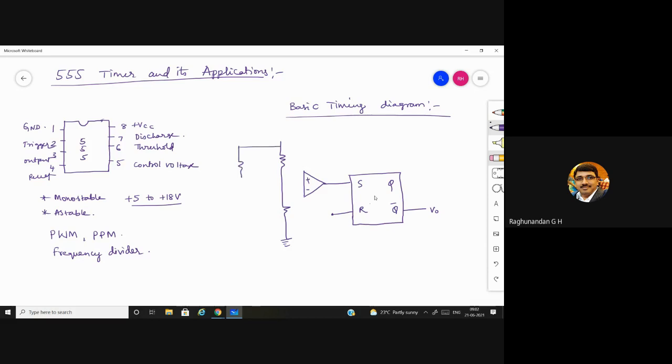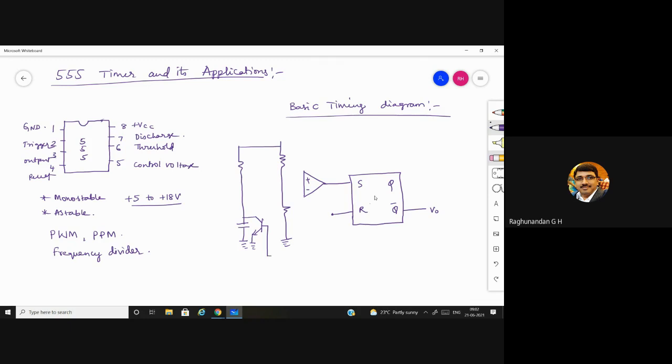And we have one more resistor which is connected to the capacitor, and further it will be connected to the ground. So we are going to have a connection with respect to the transistor, and again it will be connected to the ground.